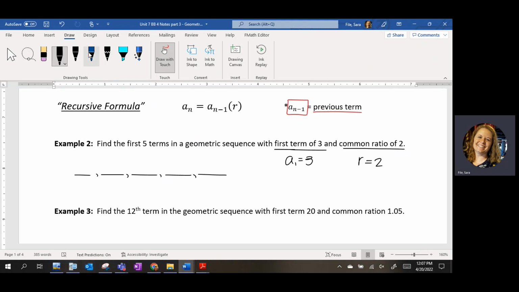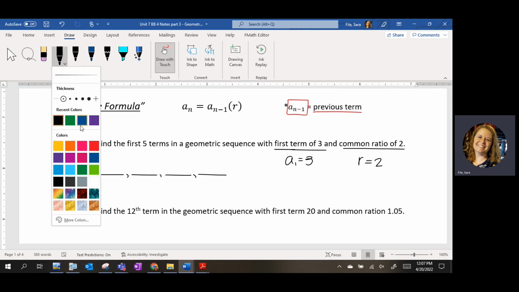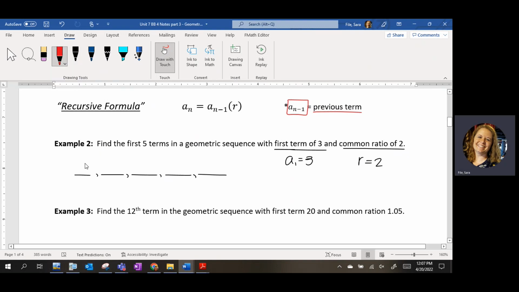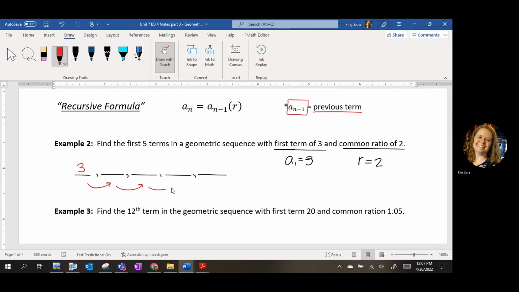So that's pretty simple. You are taking the first term, 3, and you are continuing the pattern by multiplying by the ratio. This is the recursive formula we're using. We're just doing it in our head. We're saying you take the previous term times the ratio.